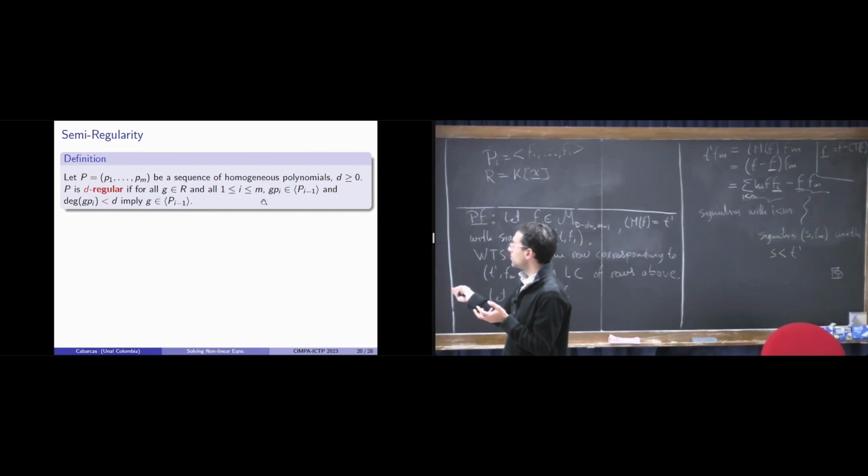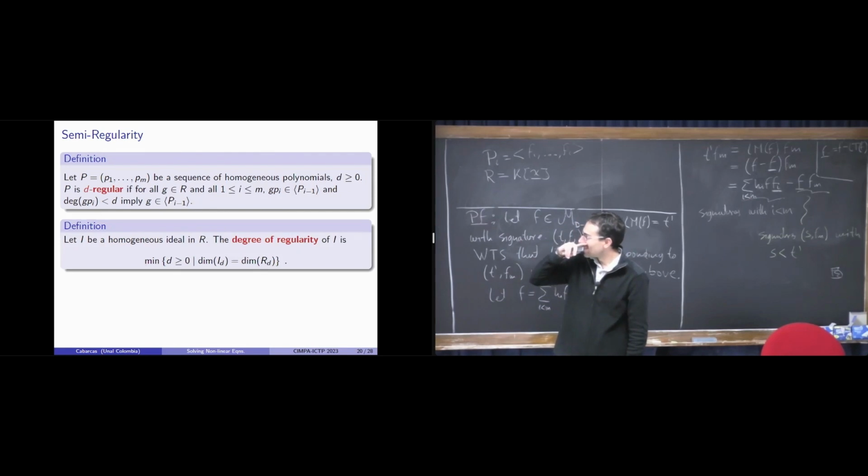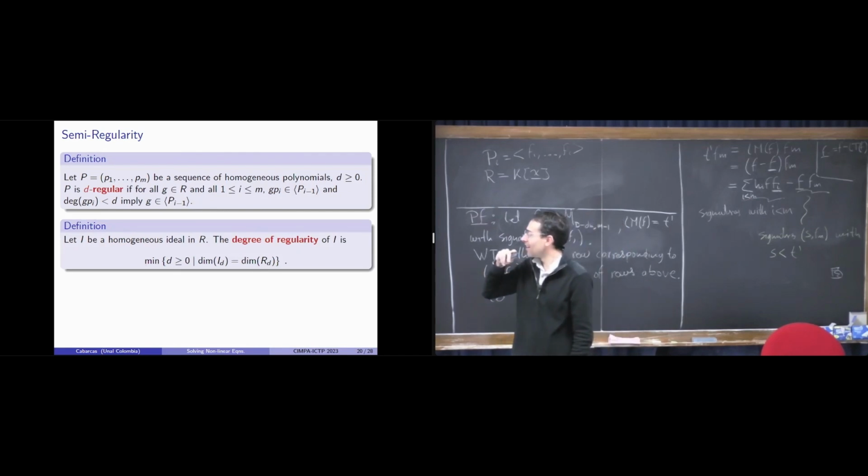So again, G is not a zero divisor, but only up to degree d. And then with this, we define the degree of regularity of an ideal to be the minimum degree such that the dimension of the ideal at degree d is equal to the dimension of R_d.